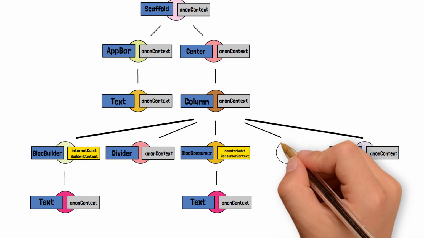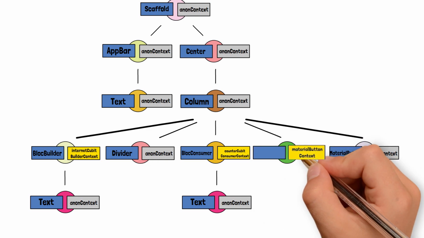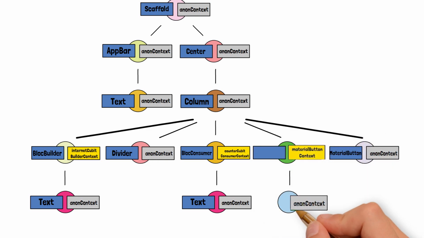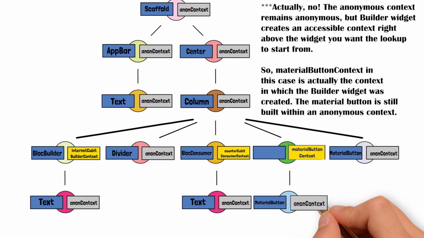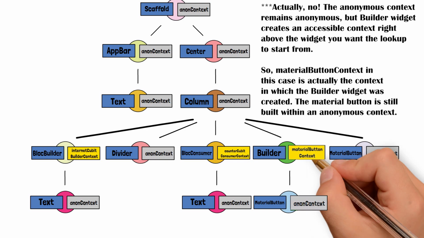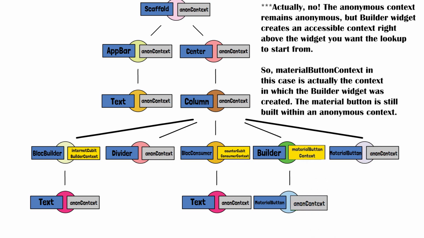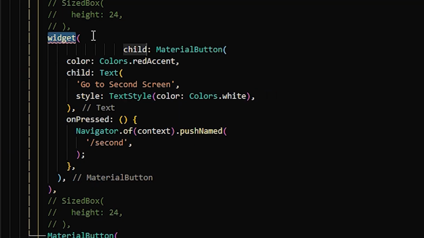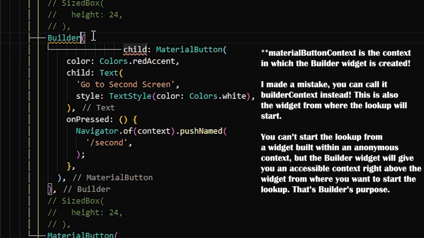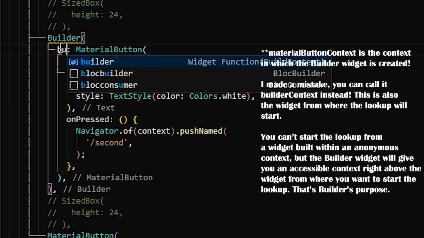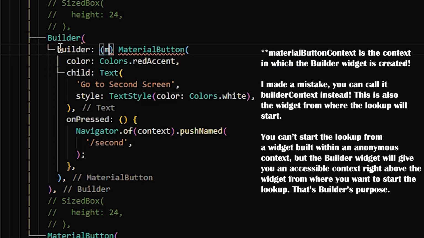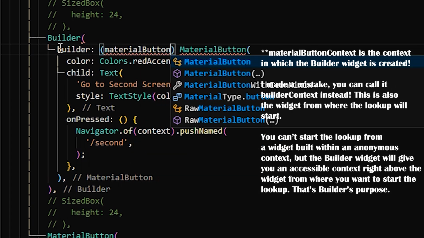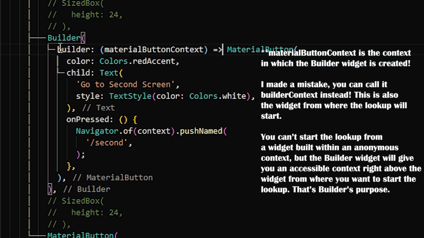But can we transform an anonymous context of a widget into a normal accessible one? Yes, we can, and this is done by wrapping the widget inside a builder widget. The builder widget was created to be able to specify a BuildContext instance name in which a widget should be built. So, in our case, all we need to do is wrap the material button inside the builder widget and specify the name of material button context for the BuildContext instance in which the widget should be created.